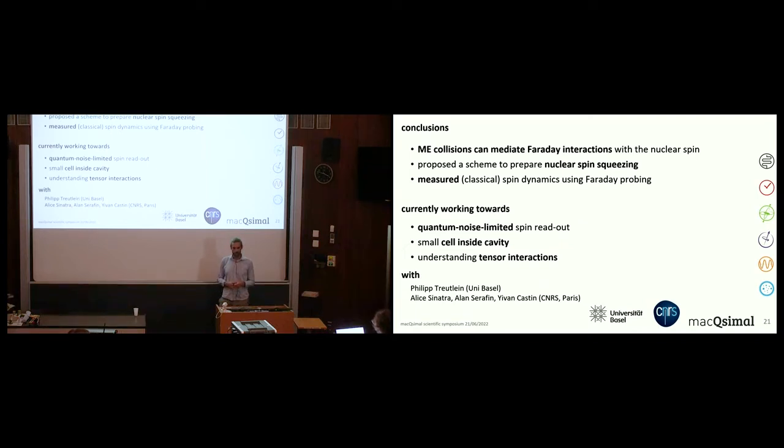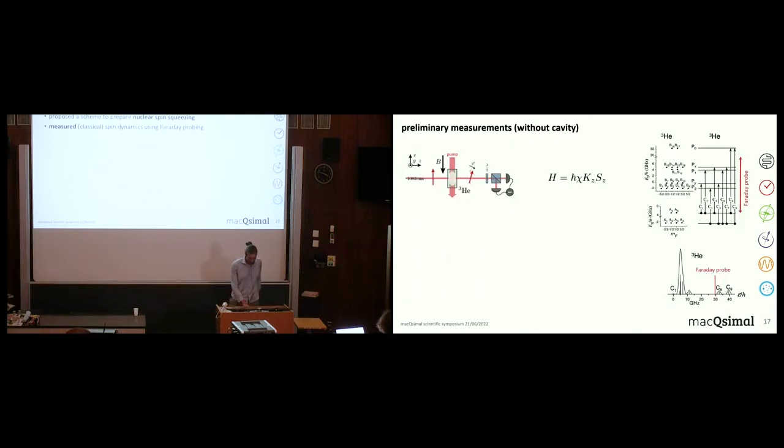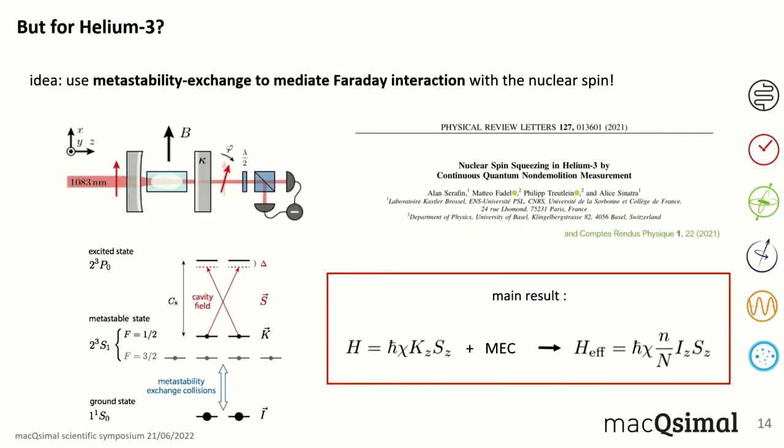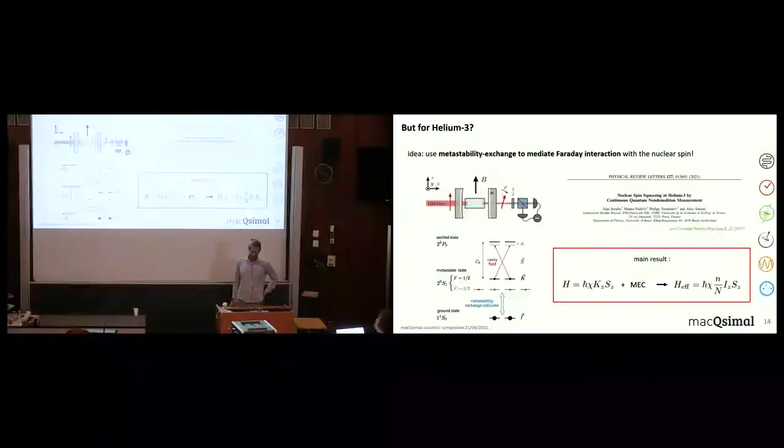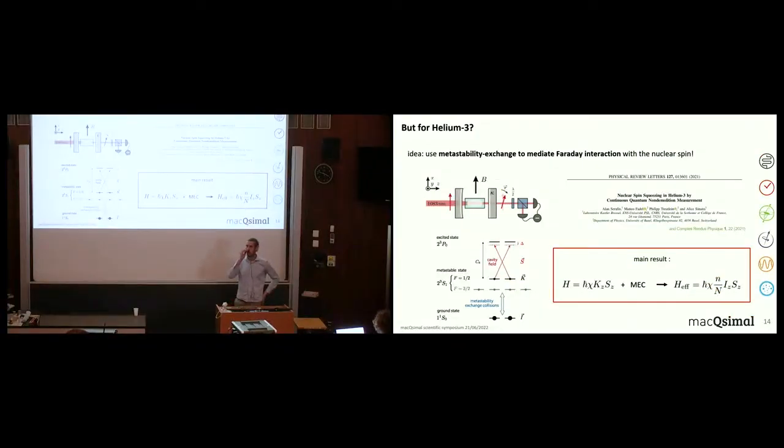In terms of rate, it's like a couple of megahertz, no? For a metastable state, it's a megahertz rate, the collisions with the ground state. And then for ground state, it will be a Hertz rate.